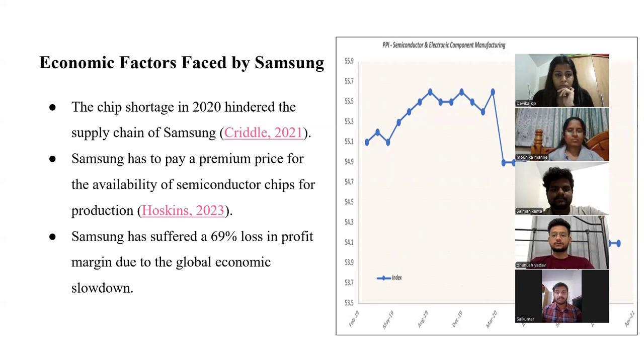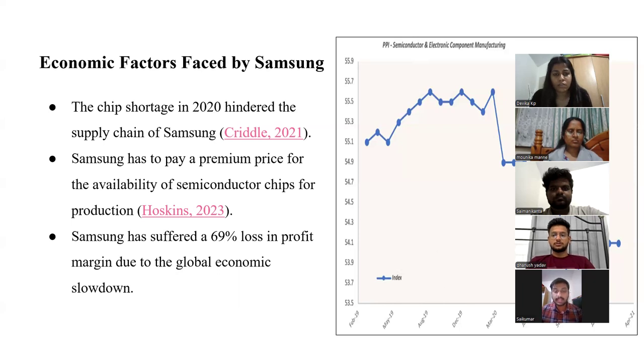Samsung has suffered backlash in maintaining its supply chain due to the chip shortage in 2020. Its profits dropped around 69% due to the global economic slowdown, rising chip prices and reduced demand for electronic goods.